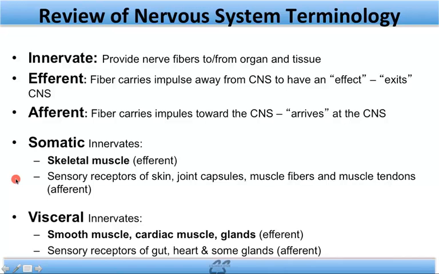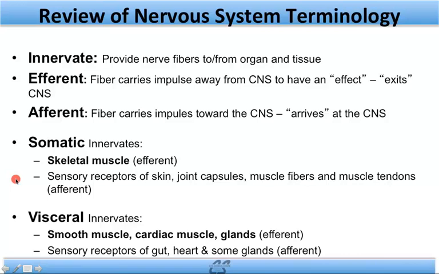The way you want to look at this is somatic efferent, meaning somatic motor, is going to affect or activate skeletal muscles. Somatic afferent or somatic sensory is bringing back sensory from skin, joint capsules, muscle fibers, and muscle tendons.